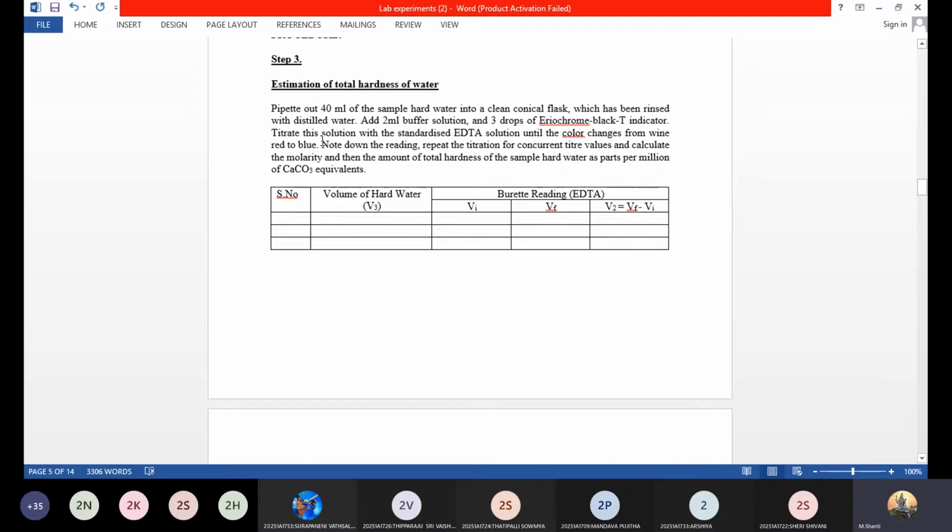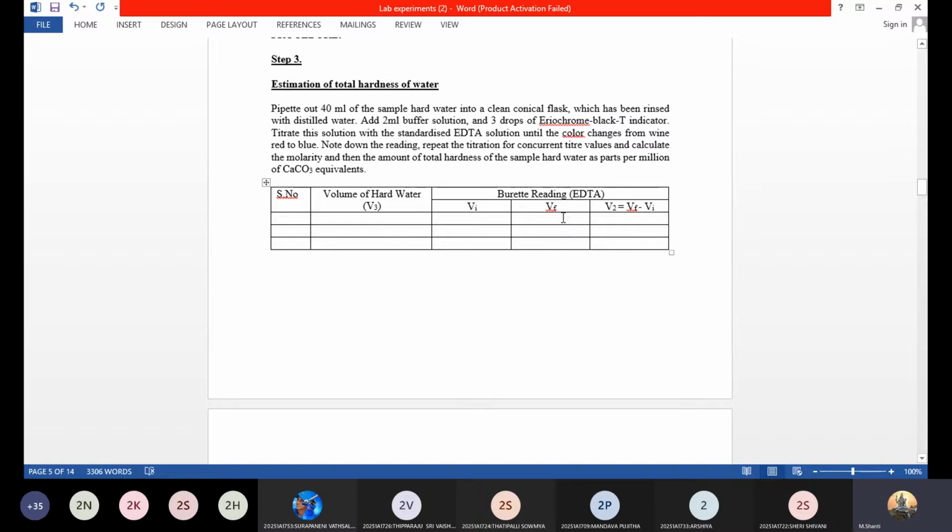Just as we thought earlier, once the blue color is reached, we just have to close the burette. When you shake and see, if the expected color persists, then there is no need of adding extra EDTA. Otherwise, we just have to add a few more drops of EDTA from the burette, and make sure that you have a persistent blue color for your solution.